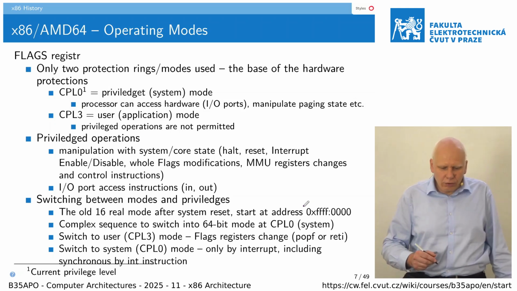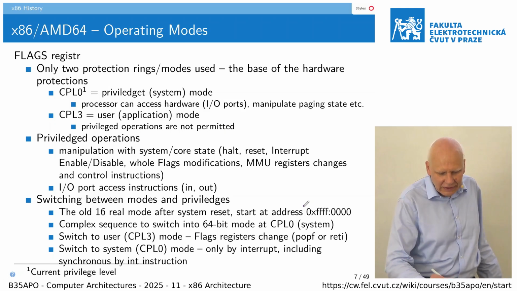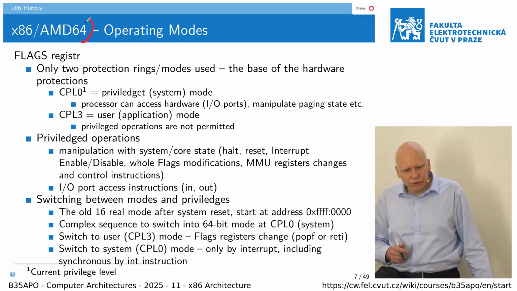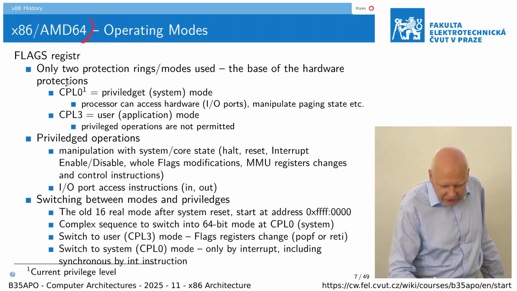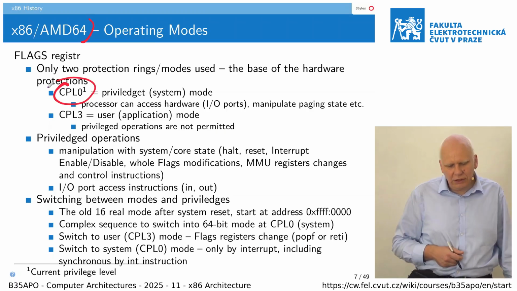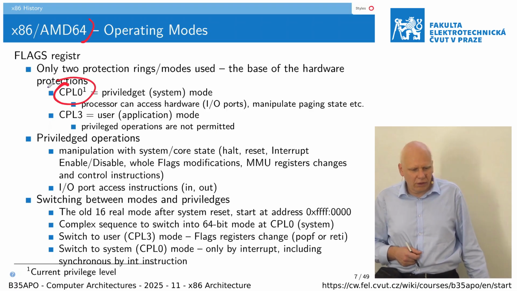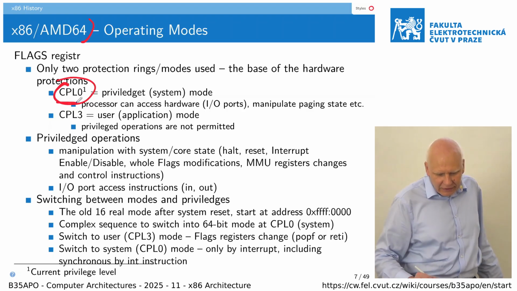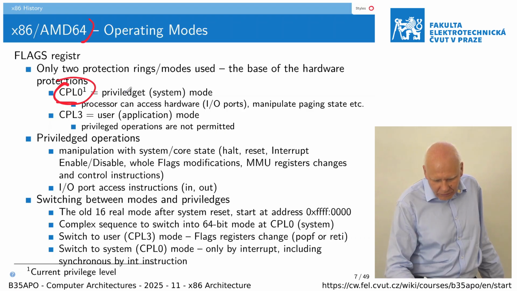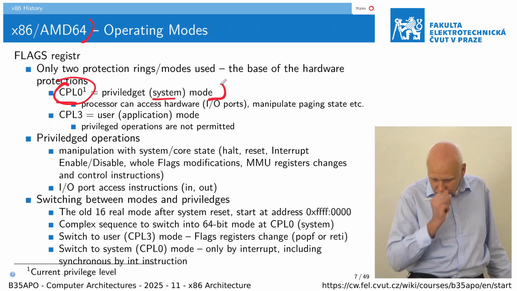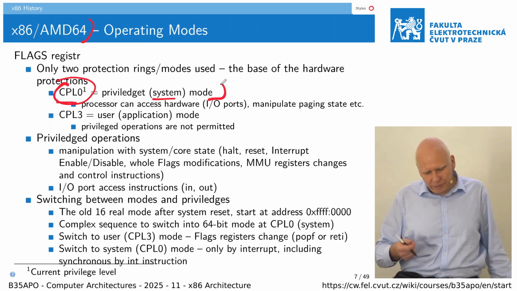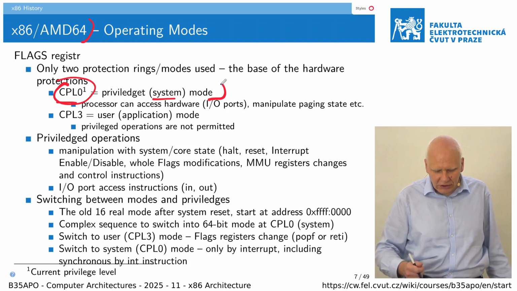Anyway, if we go to the flags, then in the 64-bit mode, we use only 2 privilege modes. Originally there were 4, but on the 64-bit we have only the CPL, current privilege level. CPL0 is system mode, which is for privileged operating system operations and so on.